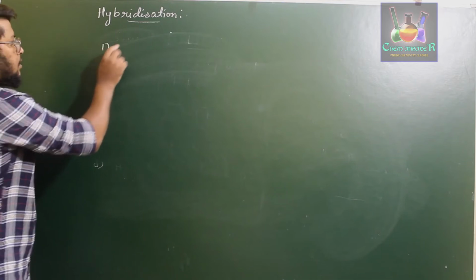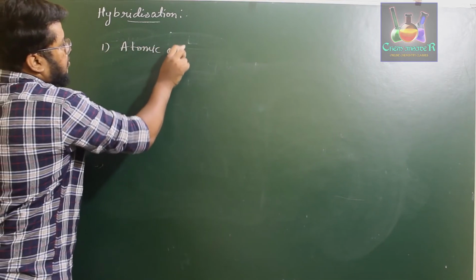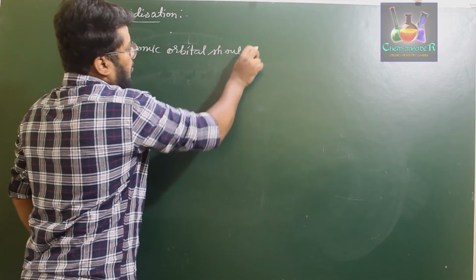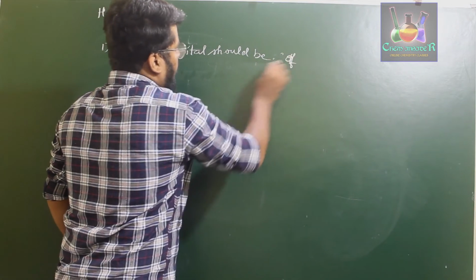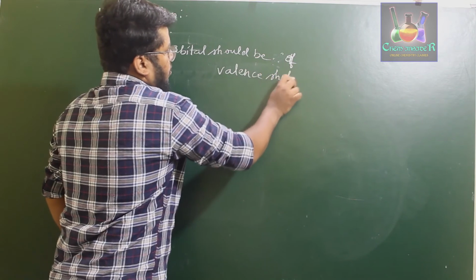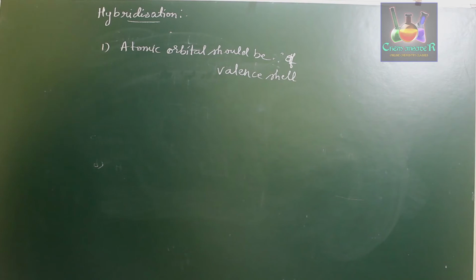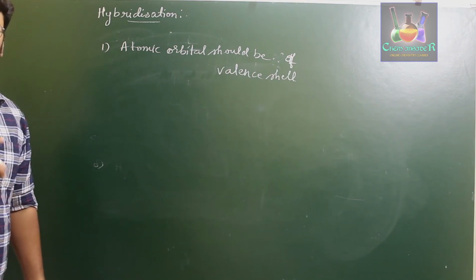The first one: the atomic orbitals should be of the valence shell. That means only the atomic orbitals of the valence shell can undergo hybridization.